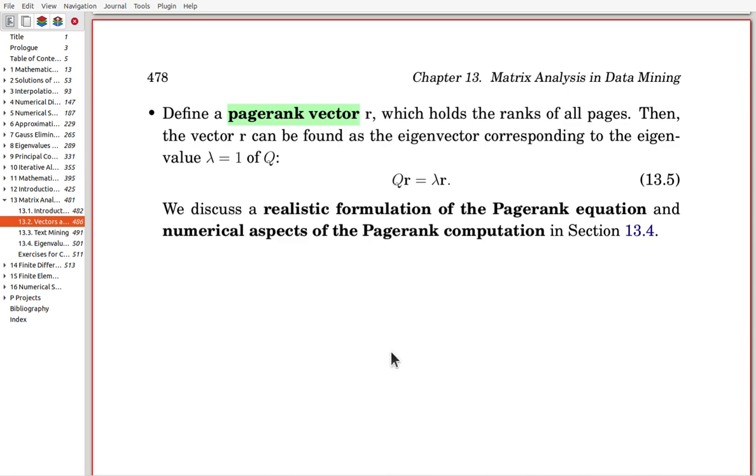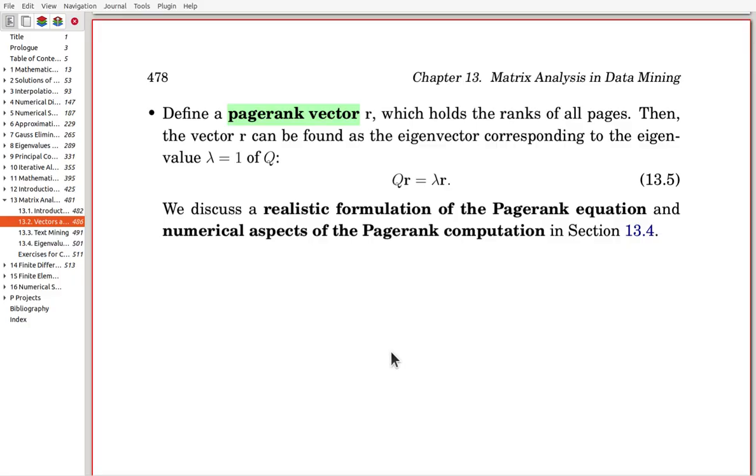Now we define a PageRank vector R, which holds the ranks of all pages. So the summation of the entries of R will be 1. So it is a kind of probability vector, and each entry is non-negative. Now the larger is ranked higher, so that when Google is showing the websites found, starting from the highest one, it is shown to you, so that more reliable pages can be seen earlier.